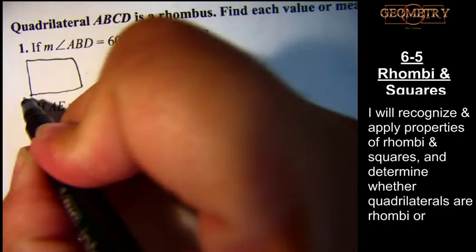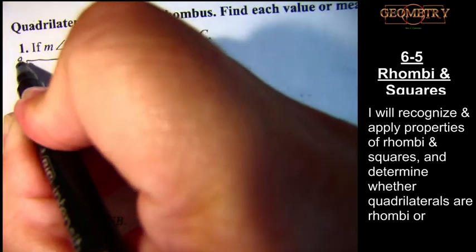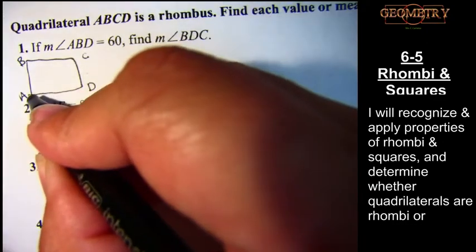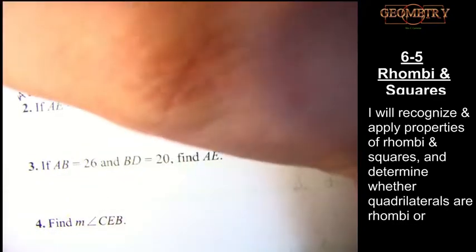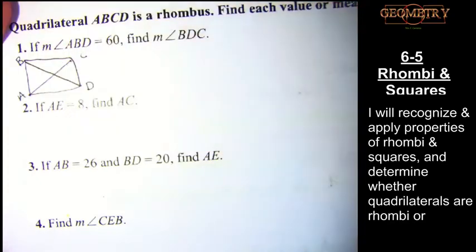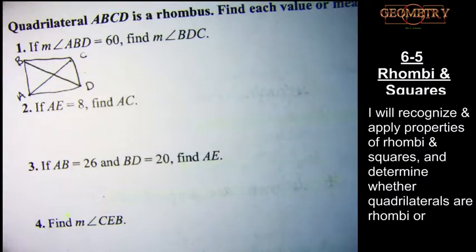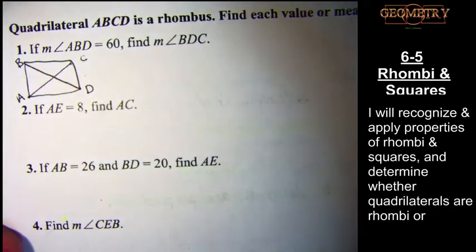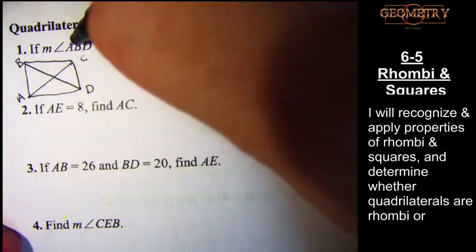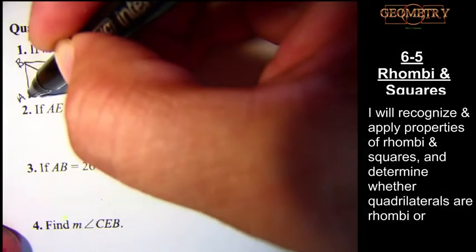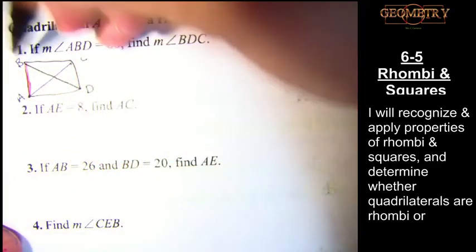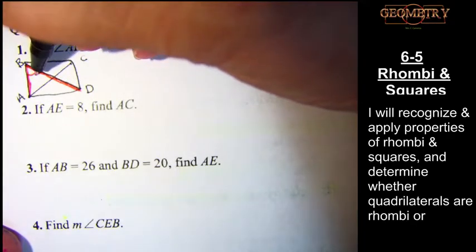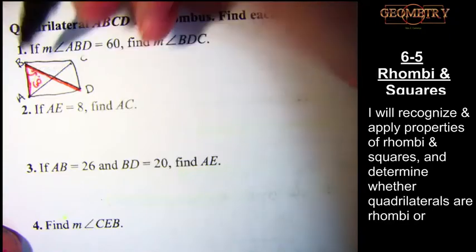Okay, good. All right, so here's my first quadrilateral, my first rhombus, ABCD, and I'm going to go ahead and put in the diagonals. All right, there they are. I'm told that the measure of angle ABD, so start at A, go to B, then go to D, this angle right here, is 60 degrees.